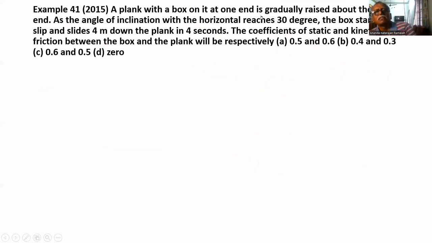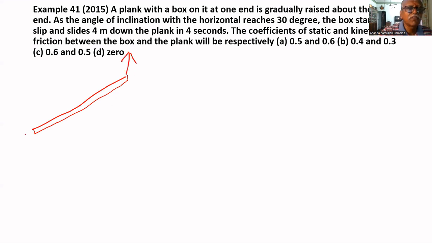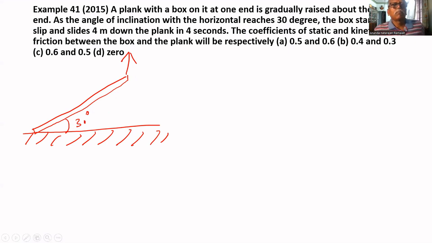A plank with a box on it at one end is gradually raised. This end is raised, this is the floor. Gradually raised about another end, and when the angle of inclination with the horizontal is 30 degree, the box starts to slide.